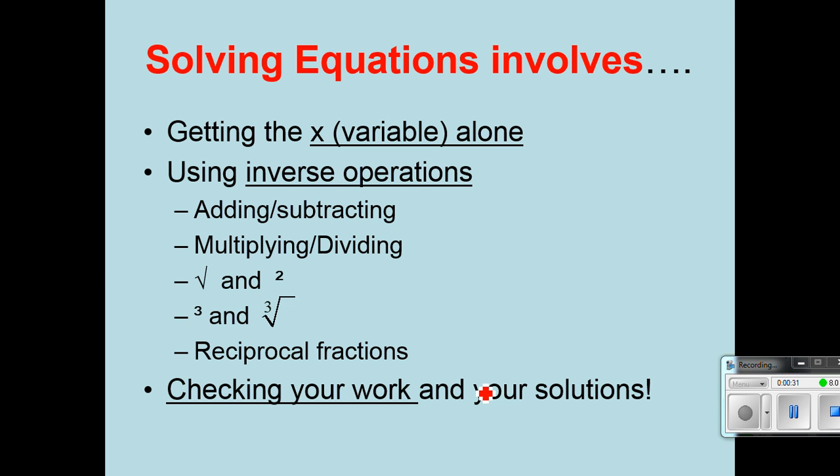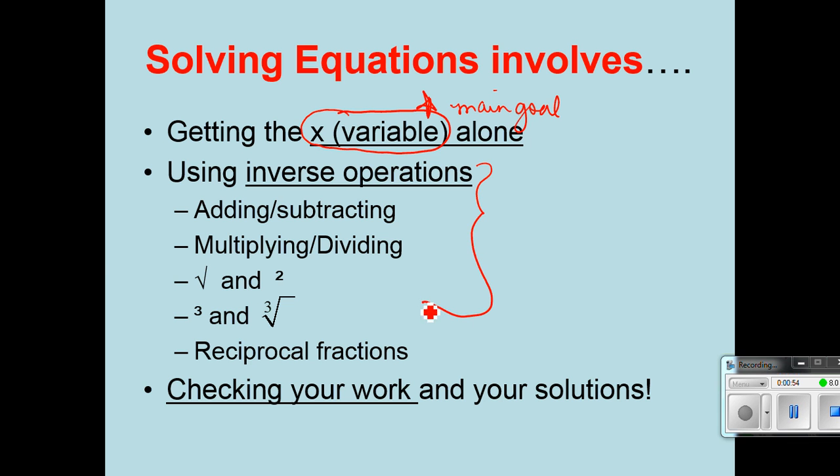What does solving equations entail? What do they involve? Well, the most important thing is to get that x variable alone. That is our main goal, to get x alone. And how do we do this?